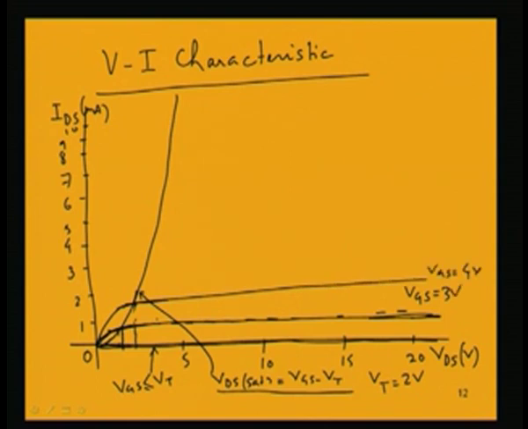Now, if we go on increasing to VGS equal to 5 volt, say we will be getting the next curve, and one thing to note is that the gap between 3 and 4 is not equal to the gap between 4 and 5. So, in this way it will be continuing.